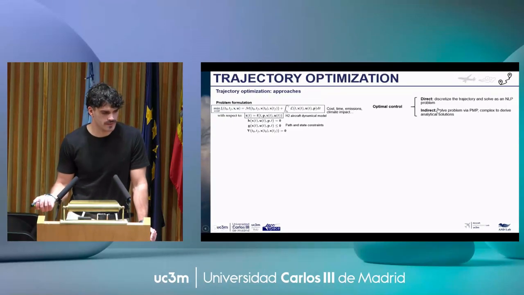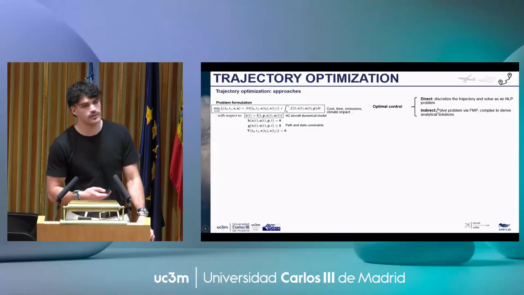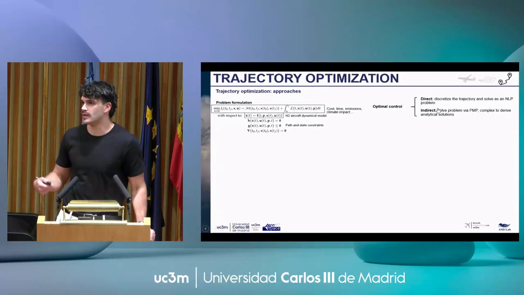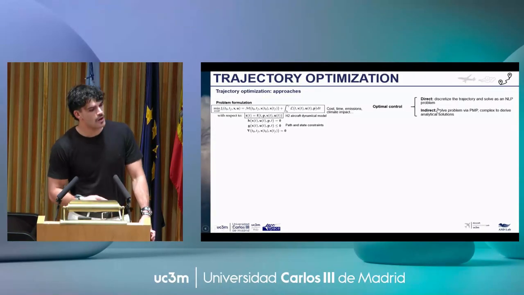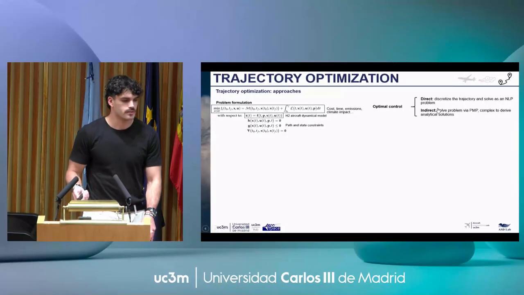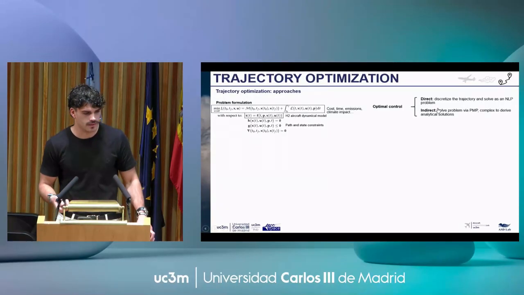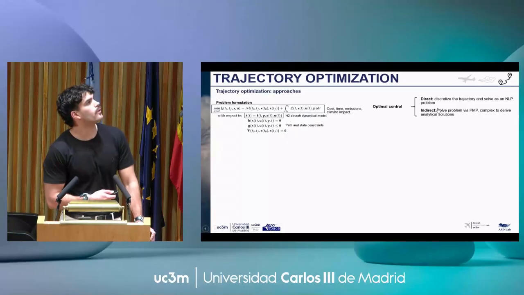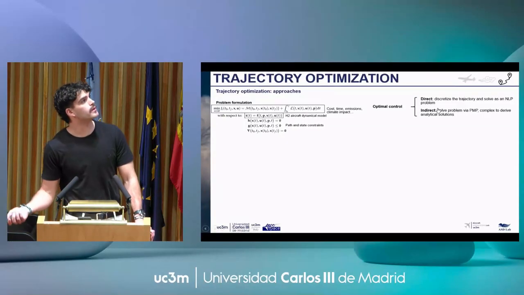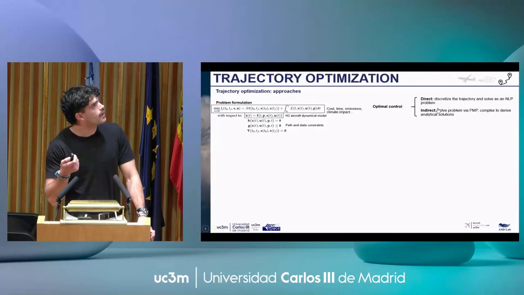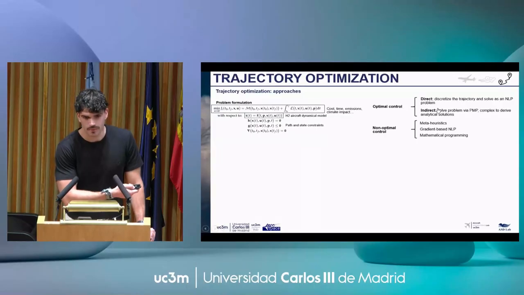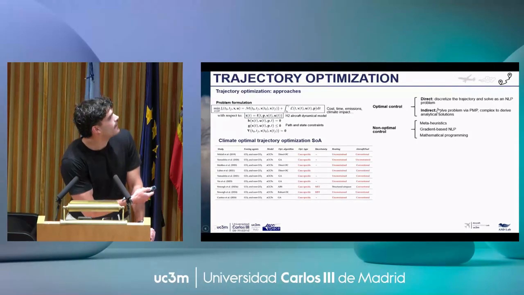So ways to solve this, one of them is optimal control, that is basically solving the dynamical optimization itself from two different approaches. That would be direct, discretizing the trajectory and solving as a non-linear problem, or indirect, basically analytically solving the problem by the Pontryagin model. And also, well, we have here non-optimal control.